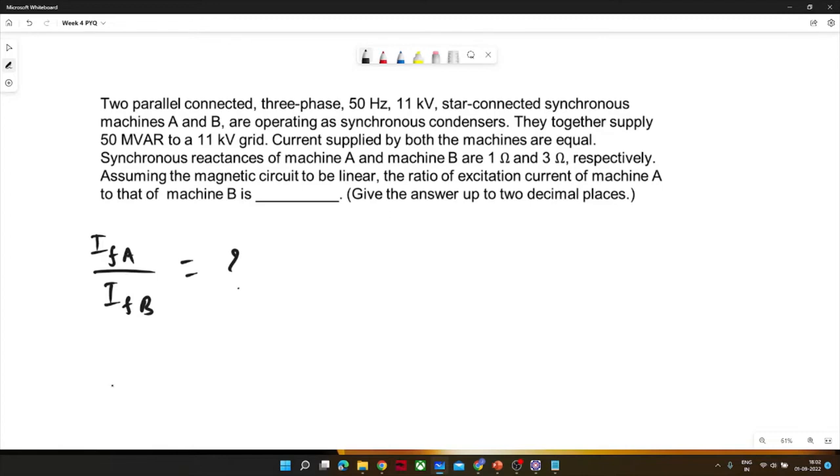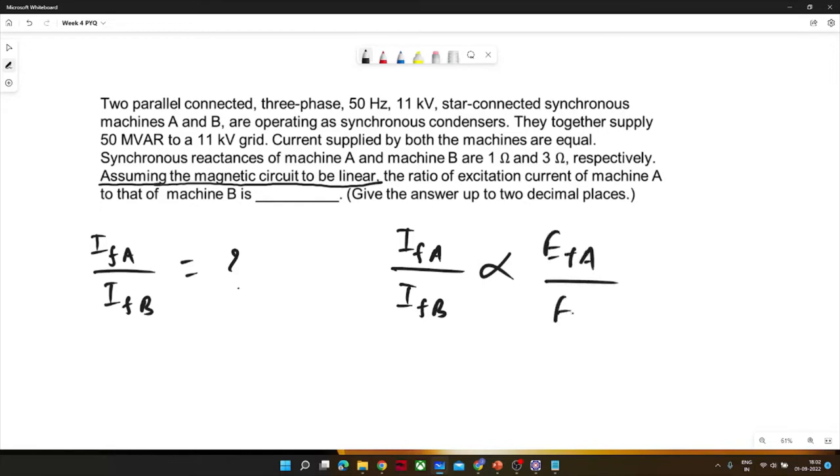To calculate the field current, there is no information regarding field voltage given. But one piece of information is given: we can assume the magnetic circuit to be linear. It means IFA by IFB would be directly proportional to EFA by EFB.